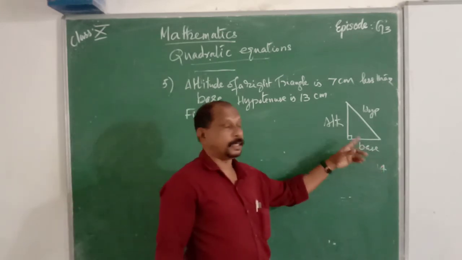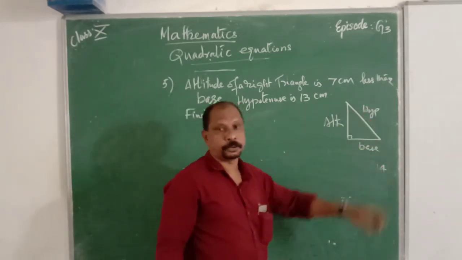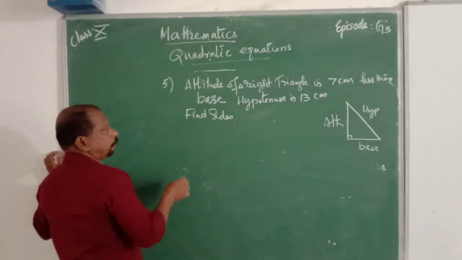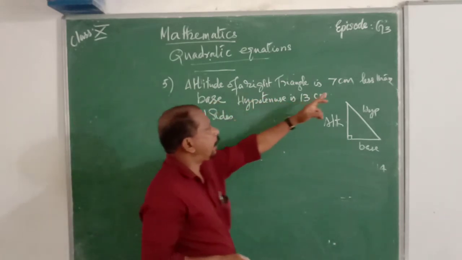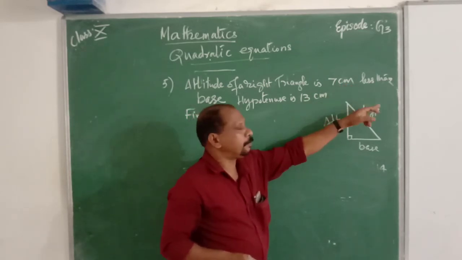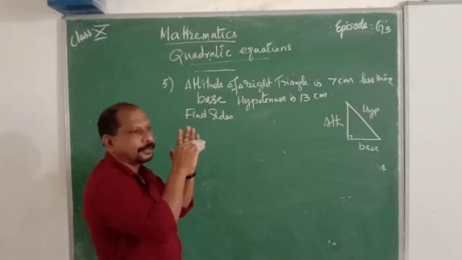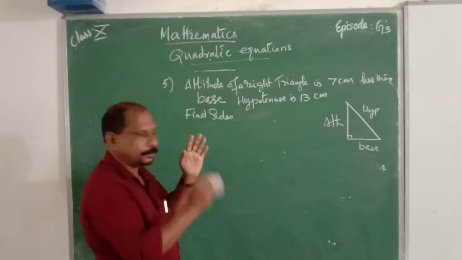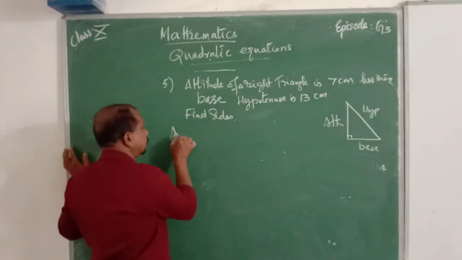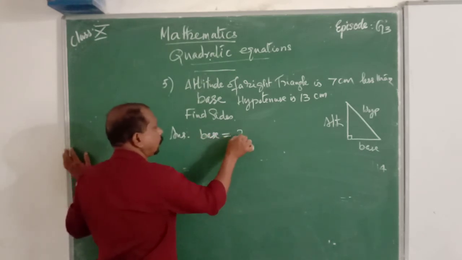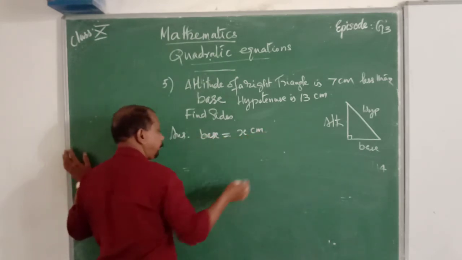Base square plus altitude square is equal to hypotenuse square. That is the result. The altitude is 7 centimeter less than the base. Therefore, base is x centimeter.